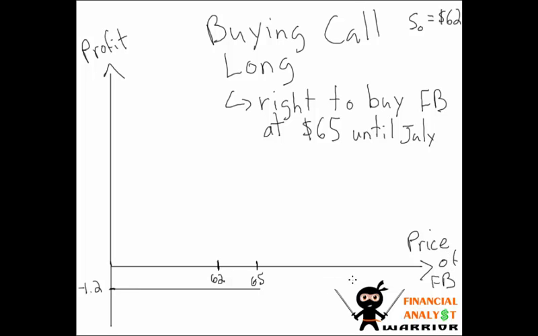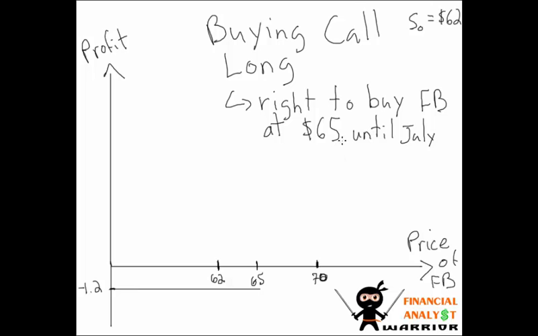However, at $65, something incredible happens: I'm starting to make money potentially. Because if the price before the expiry rises above 65, let's say it's $70 here, it's not really to scale, but it doesn't matter. Well, if it's 70, I can still buy the stock because I have a contract that says I can buy the stock for $65.